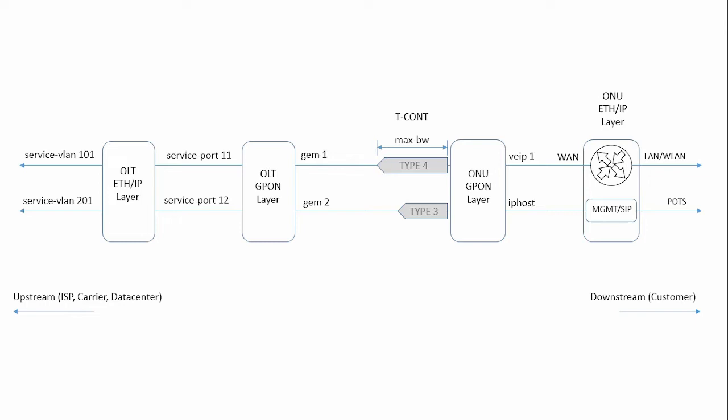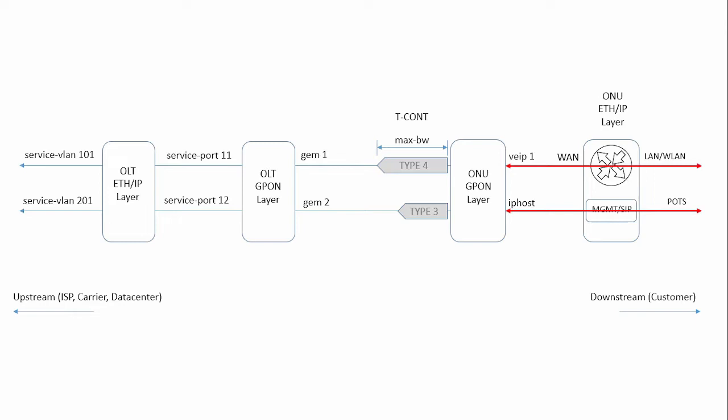Let's assume that an ISP wants to provide two services to a residential customer, Internet and VoIP, through an ONU router. Each of the services is represented by a line in the schema. A WAN interface must be configured on the ONU for the Internet service. The WAN interface is connected to the VEIP on the ONU GPON layer.